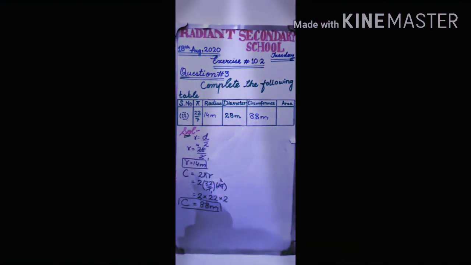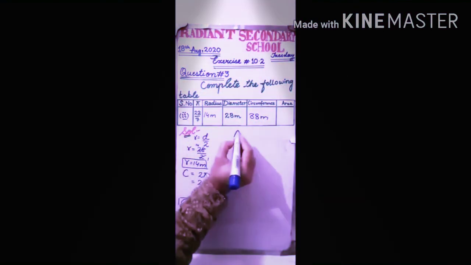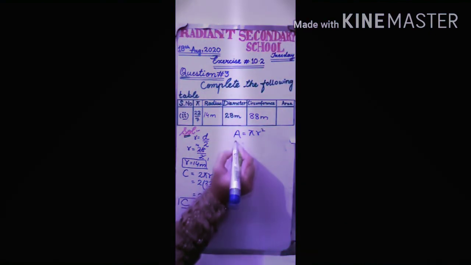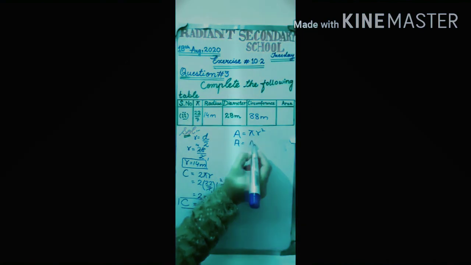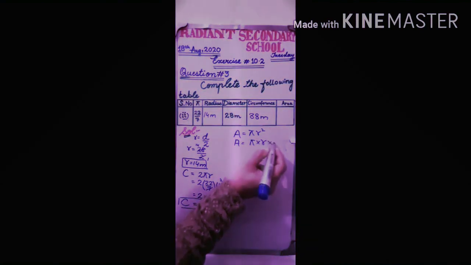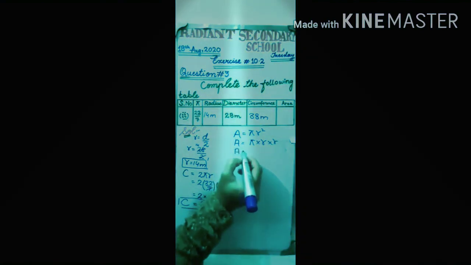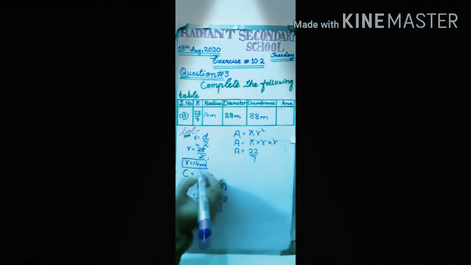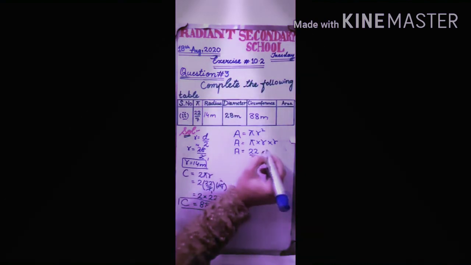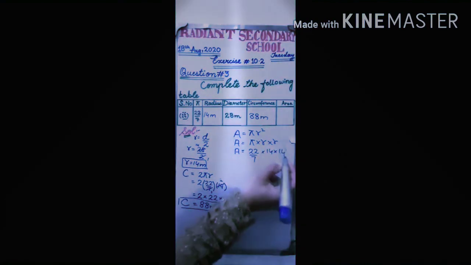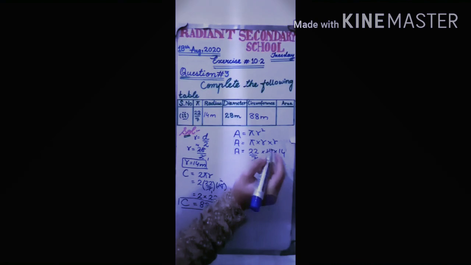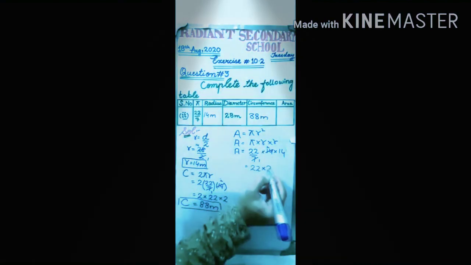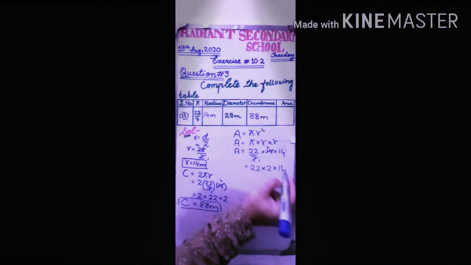Now the last thing is area. Formula of area is pi r square. A is equal to pi multiply by r multiply by r. A is equal to pi is 22 by 7, radius is 14, again 14. Now 7 ones are 7, 7 twos are 14. Remaining is 22 multiply by 2 multiply by 14.